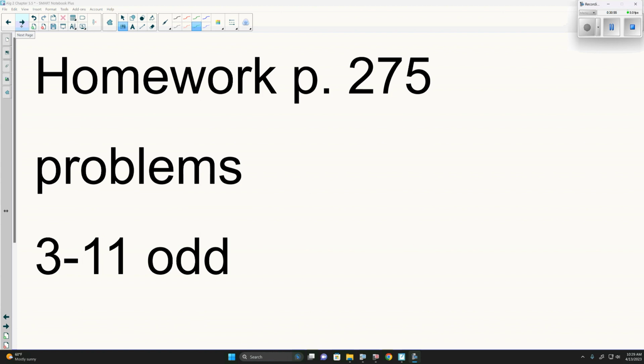For the first set with addition and subtraction, it's asking you to add and subtract the functions, and then evaluate the addition and subtraction for the given value. The next set is multiplication and division, so you're doing the same thing. You're multiplying, dividing, and then evaluating it for the given value. So 3 and 5 are addition subtraction.